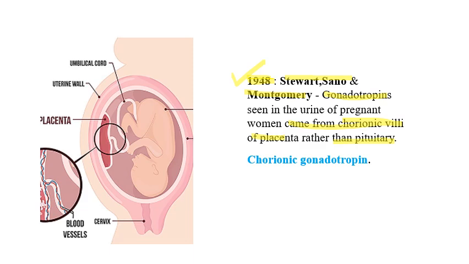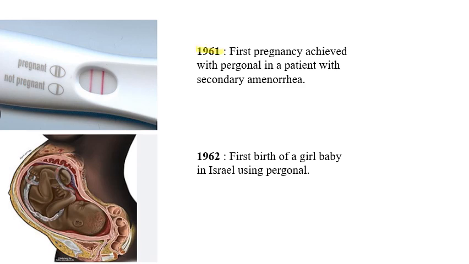So as it is produced by chorionic villi, the name was chorionic gonadotropin. In 1961, the first pregnancy was achieved by using Pergonal, and in 1962, the first baby was born using Pergonal.